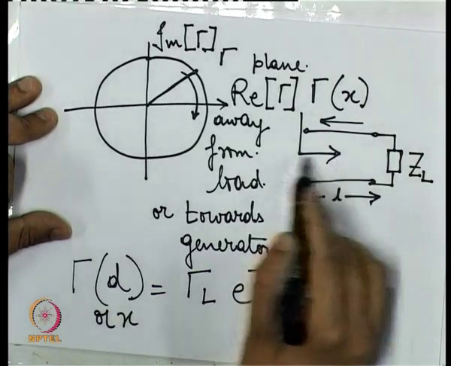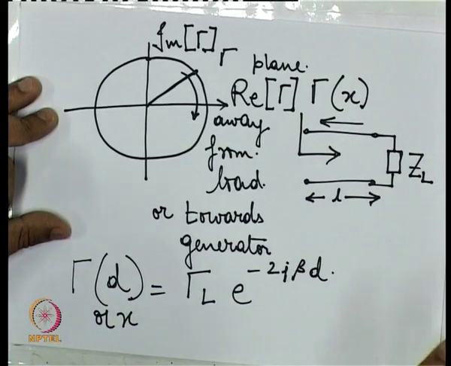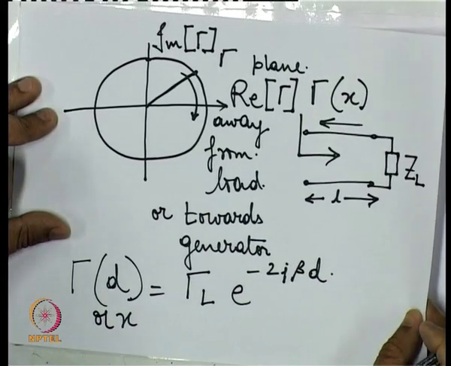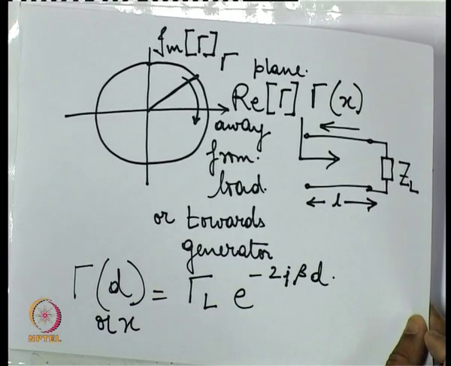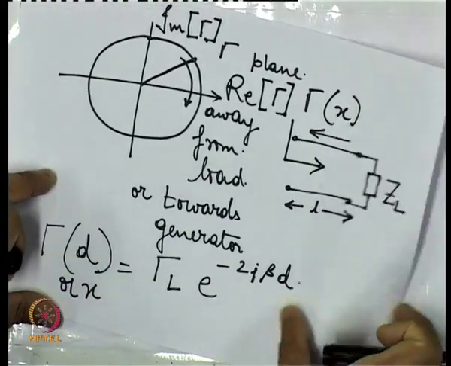This is the equation from which this concept of clockwise or anti-clockwise movement follows. So this is the basic concept on which the Smith chart arises.